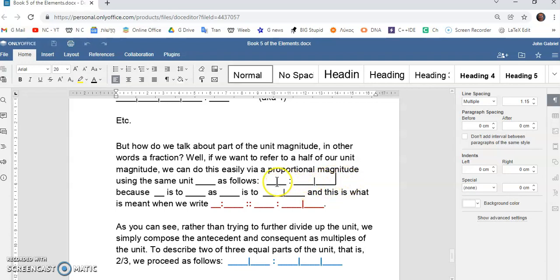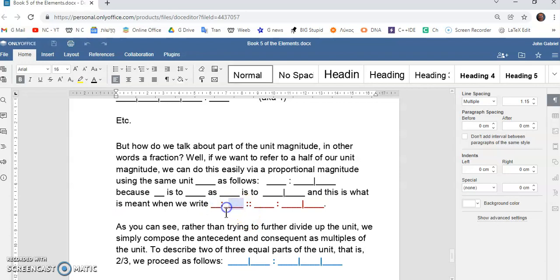Because this is to this line segment as this is to that line segment. And this is what is meant when we write this ratio is in proportion to this ratio, okay? They're not equal, they're in proportion, but they both give us the idea of a half, because that's what is happening here, okay?